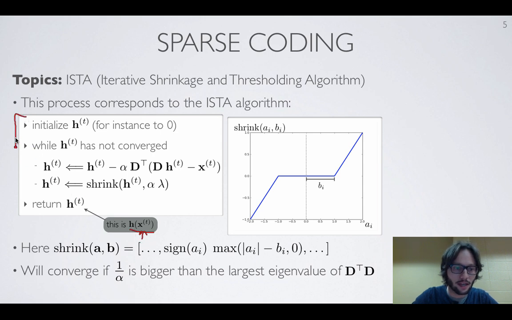And we notice that this, which is equivalent to encoding the input into a hidden layer, is a fairly complicated iterative process, compared to an autoencoder where we have a linear transform followed by a nonlinearity. So in fact, what happens here is that the hidden units are sort of competing with each other to explain the input. And they're competing because there's a sparsity term that wants everything to be 0.